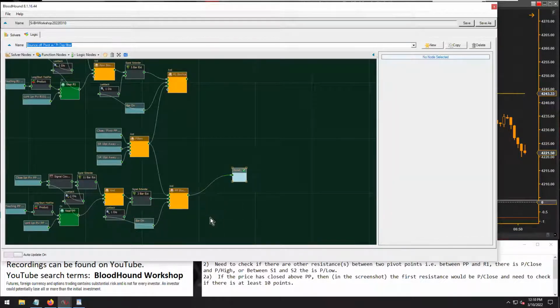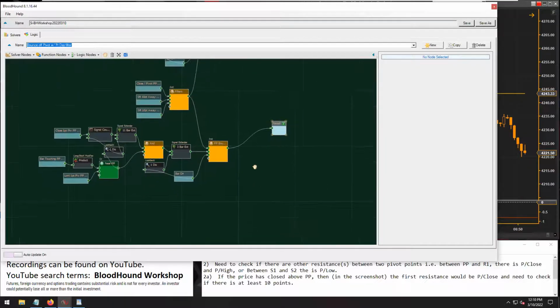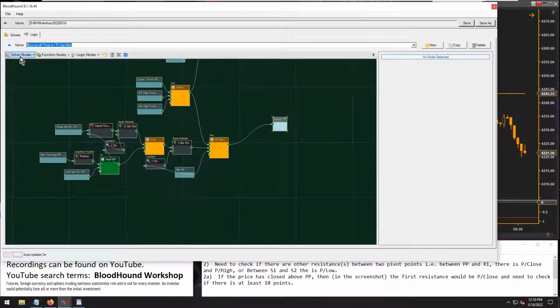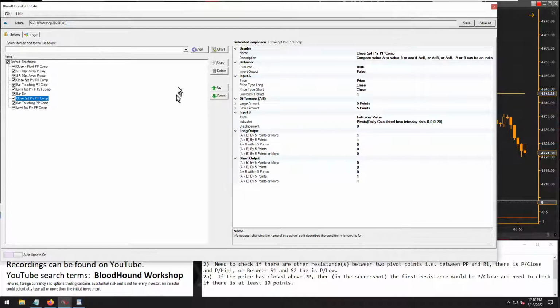So one more pivot line to go, the S1. So let's go back to our solvers tab. And so we need a copy of this solver, right, which is finding our 5-point separation. We need the bar touching solver.